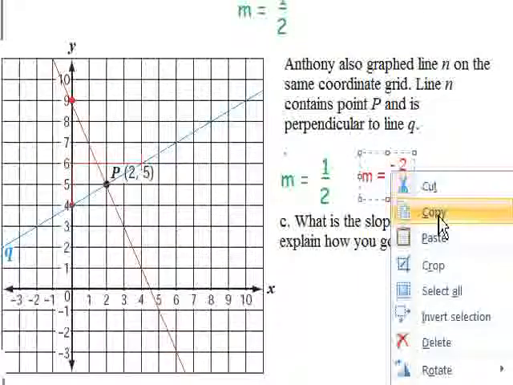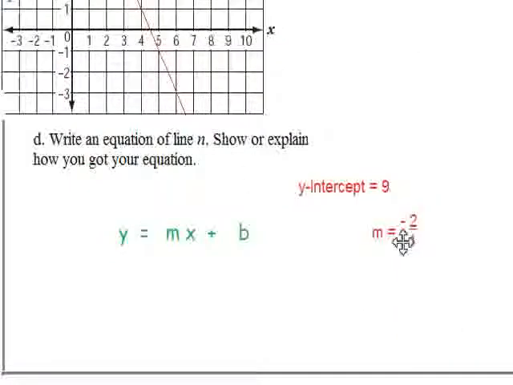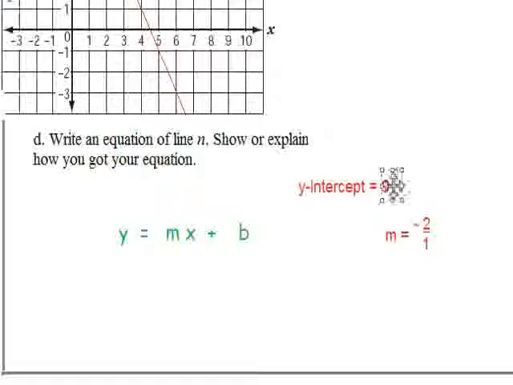So all I'm going to do is replace the m with negative 2 over 1, and replace this b with 9. So your new equation is going to look something like this. And that is the equation of line N, or the equation of the perpendicular line. Alright, so on to the next problem.